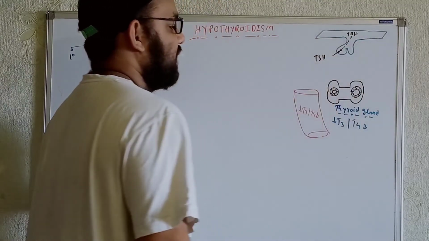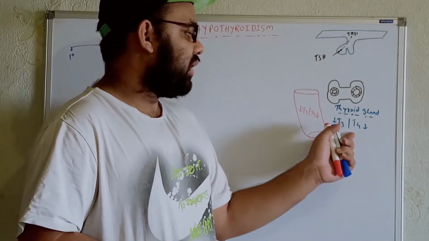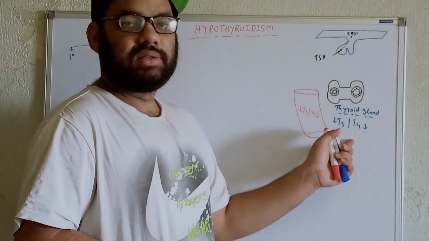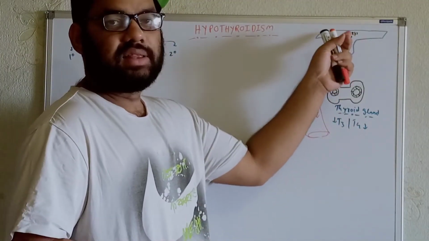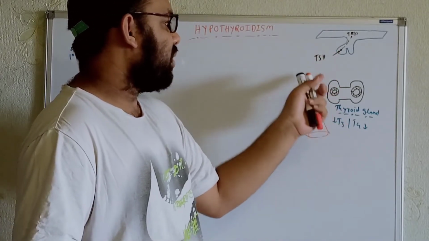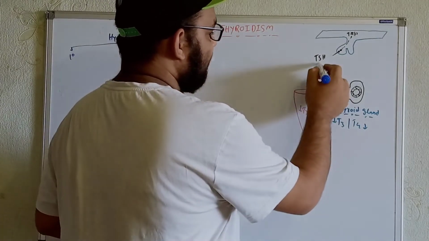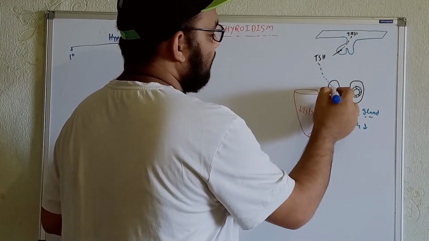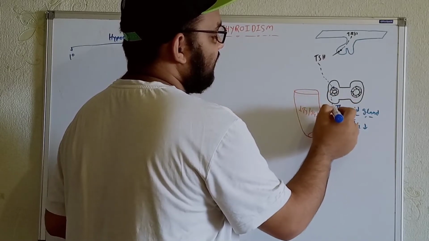The signal realizes that T3 and T4 are less, so TSH is released. It comes over here and stimulates the thyroid follicular cells to release more T3 and T4.